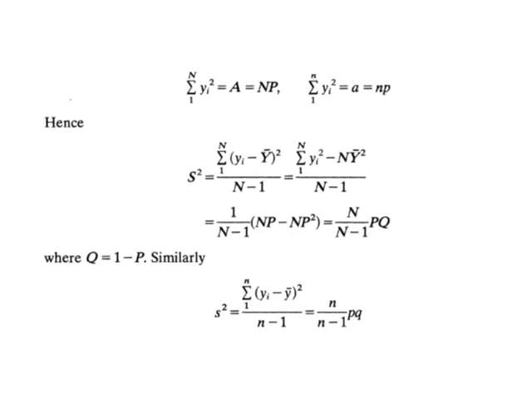So S squared, the variance, will equal the summation of y_i squared minus N times Y bar squared, over N minus 1, which is equal to N over N minus 1 multiplied by P times Q, where Q is equal to 1 minus P. Similarly, we get small s squared equal to n over n minus 1 times p times q, where q is 1 minus small p.